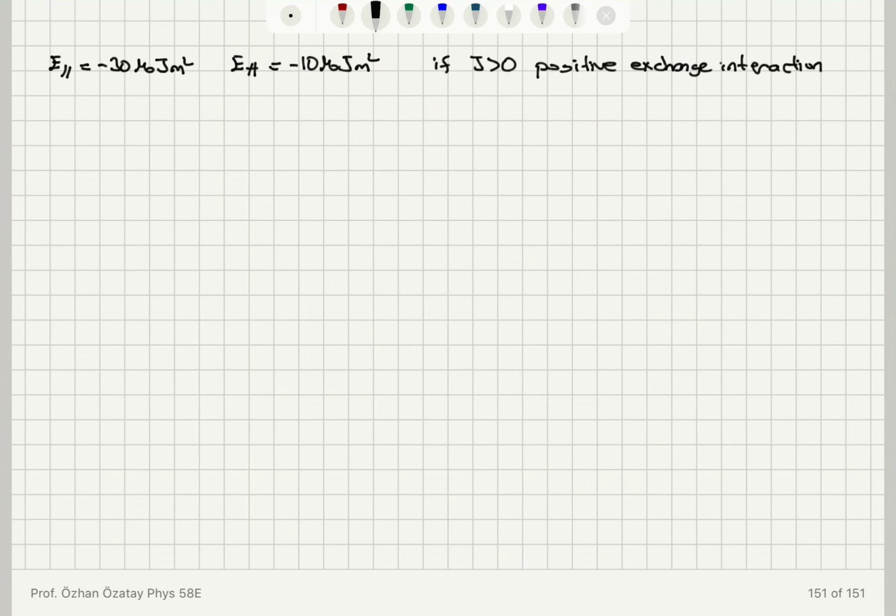Then the energy E is lower when the moments are aligned parallel within a domain. So this explains why the moments tend to align parallel inside a domain.